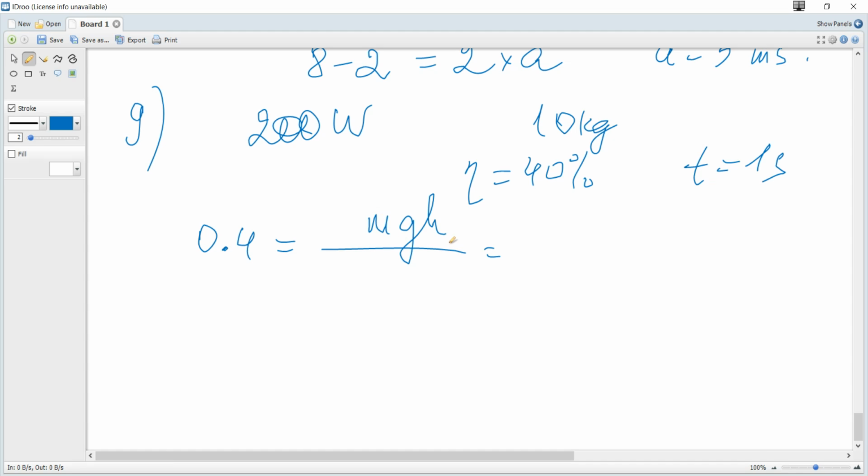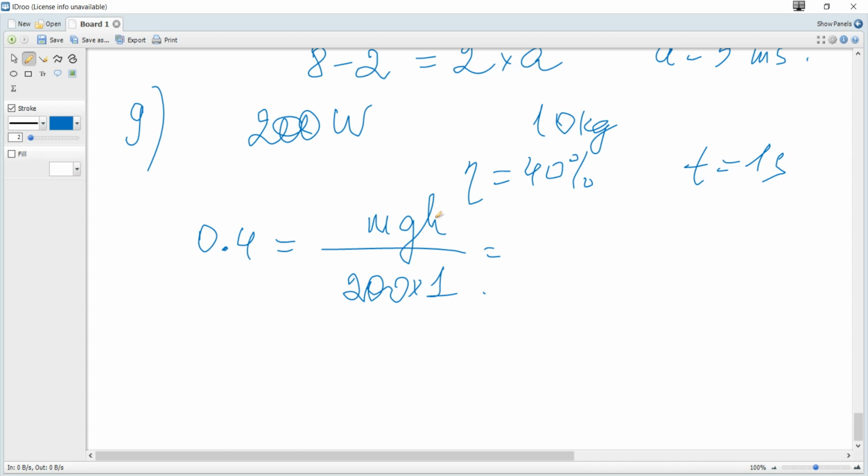And if we consider 1 second, so energy during 1 second, it's 200 times 1. So we consider time 1 second, so it will be the height raised in 1 second, and hence divided by energy also in 1 second.